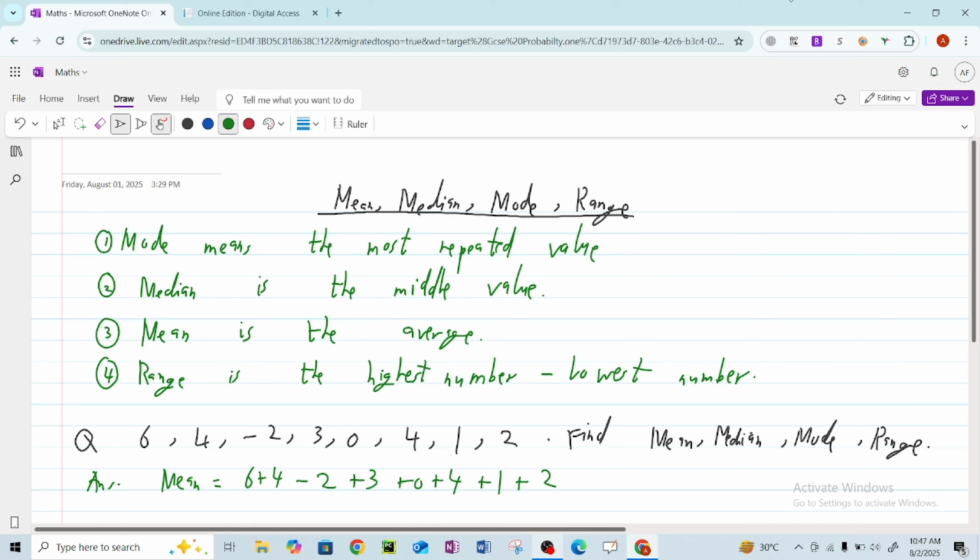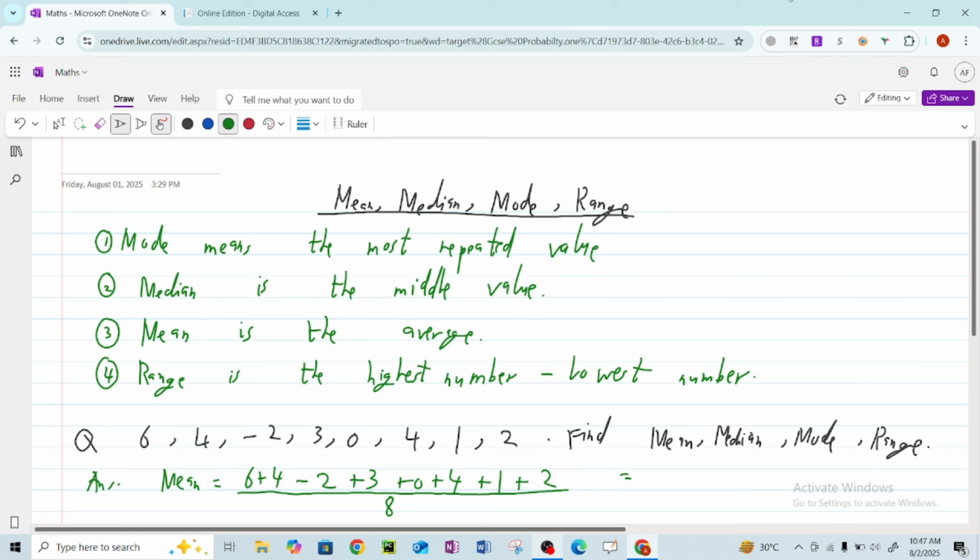You add all the numbers up and then divide them by the number of numbers you have. Number of numbers basically means how many numbers do you have? 6, 1, 4 is the 2, so minus 2, 3, 4, 5, 6, 7, 8. So you add the numbers and then you divide them by the total number of numbers that there are.